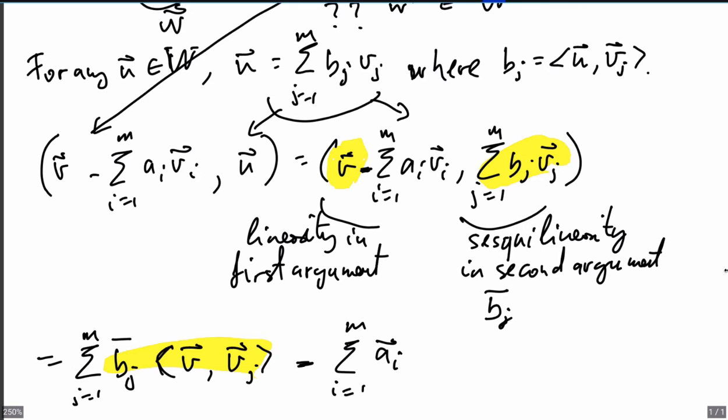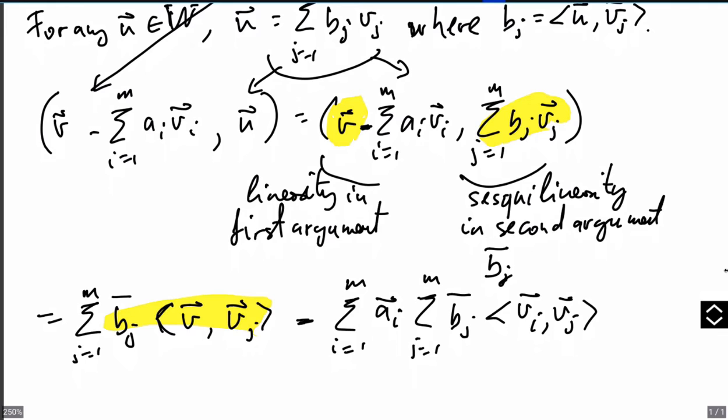And then from the second one, the summation can also be brought out, but not b_j. b_j conjugate is brought out. And then the v_i v_j inner product. These two sums could be written into one sum with the double index notation. We don't really need this. We can leave it like this.